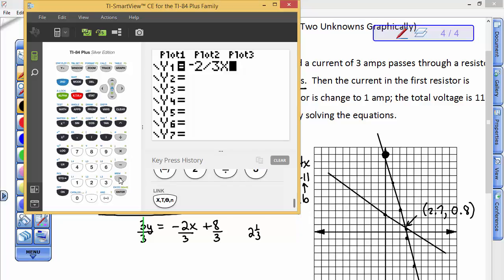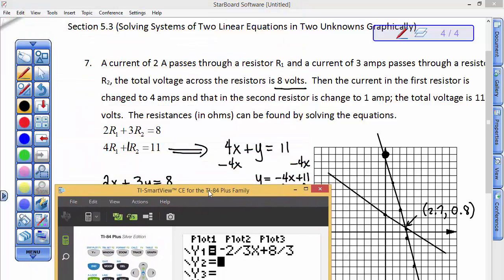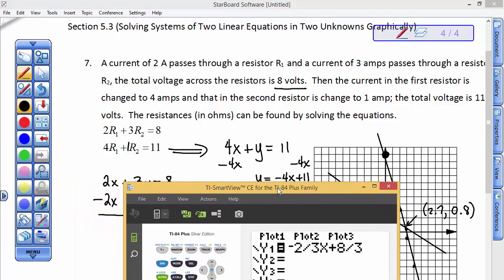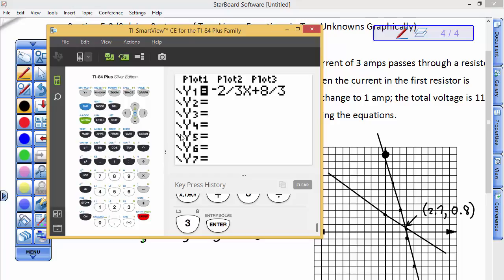It will know order of operations. It will know to do the division and multiplication before it adds. And then the other equation was y equals negative 4x plus 11. It's right here above my pen. Negative 4x plus 11.